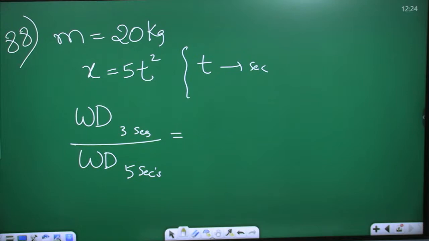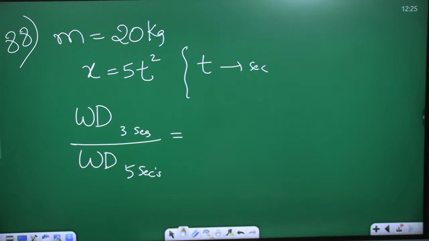So how do you find work done? Even this falls in the part of work, power, energy that belongs to mechanics. So how do you try to solve this? Try solving.